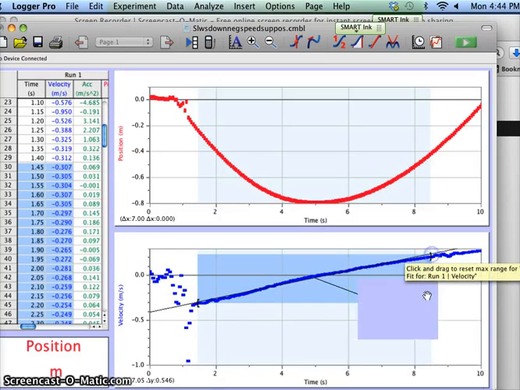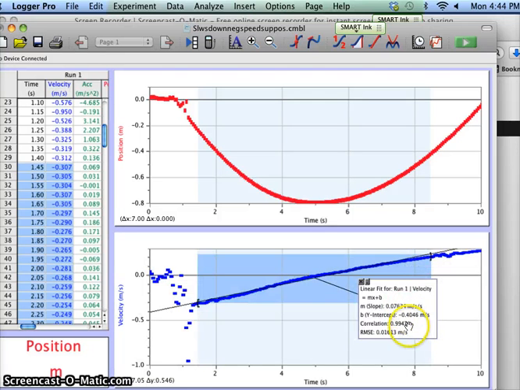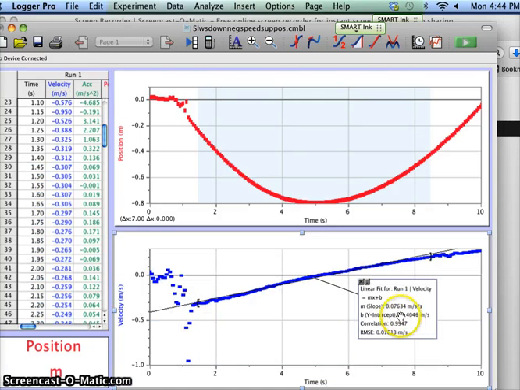Looks like I got an acceleration of 0.076 meters per second per second, meaning every second this fan cart changes its velocity by 0.076 meters per second. And the initial velocity at 0 seconds looks like it's about negative 0.4 meters per second.